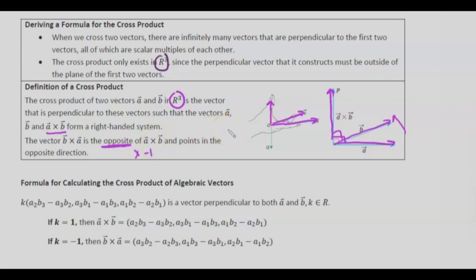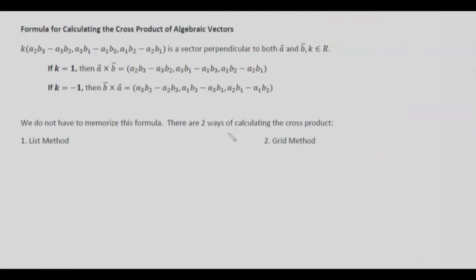So here is the formula. It's going to be some scalar k. All this means here is that we can multiply the vector by any scalar, and it's going to yield just a scalar multiple of that vector.